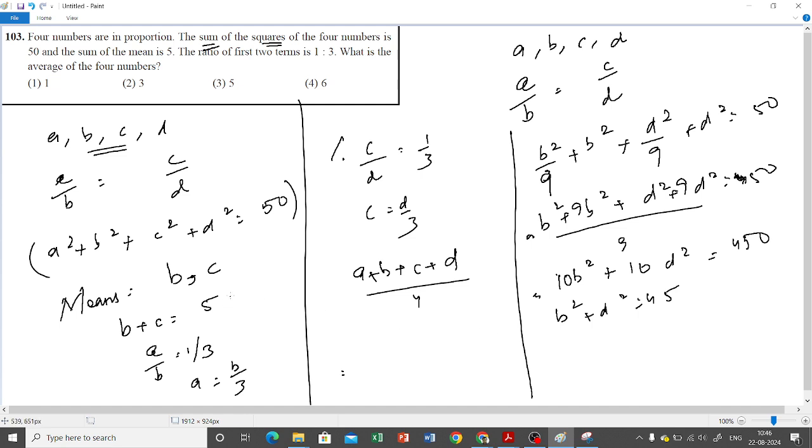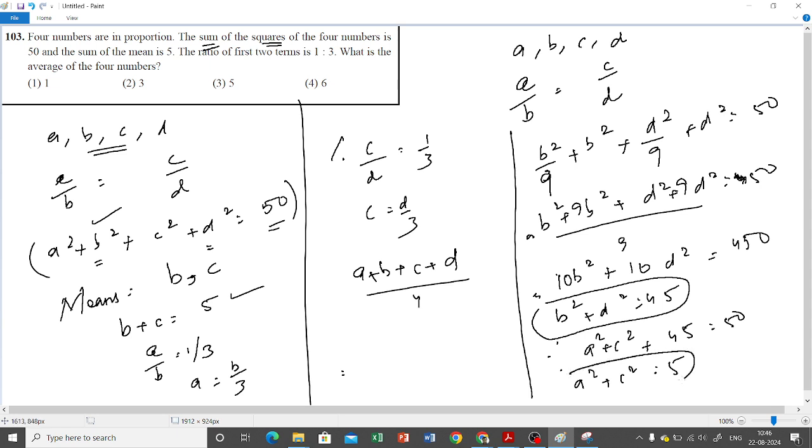Okay, this is what we have, b plus c. Okay, so that means see, b square plus d square, we are getting 45, right? So that means what, a square plus c square plus b square plus d square is going to become 50. So a square plus c square is equal to 5, right? So we have b square plus d square is 45.